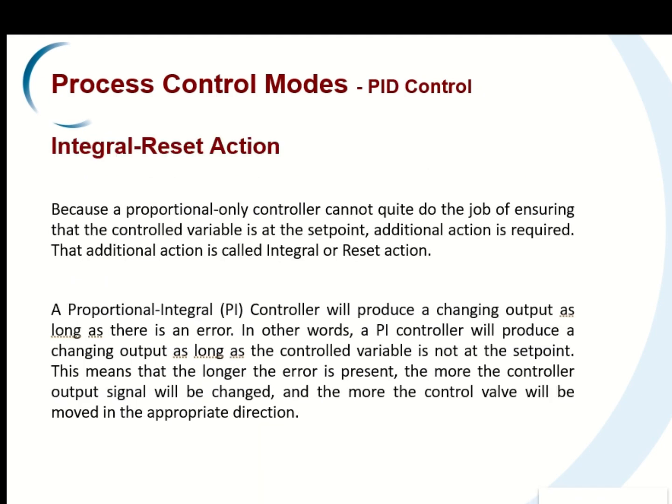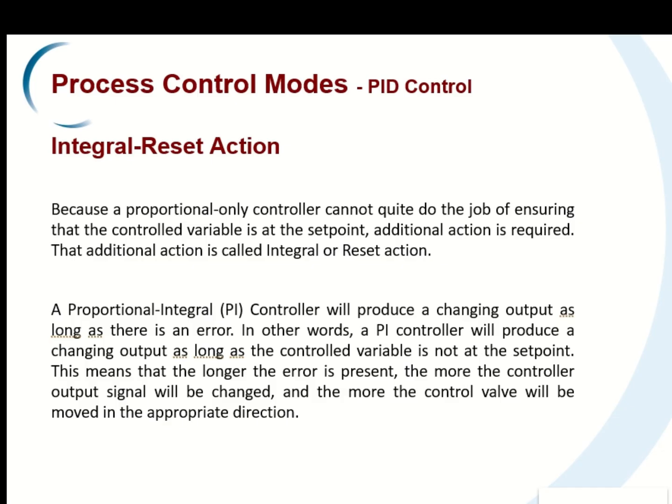So P we have seen, now it is integral, which is called I of the PID, because a proportional control cannot quite do the job of ensuring that the controlled variable is at the set point. Additional action is required, and additional action is called integral or the reset action. The PI integral control will produce a changing output as long as there is an error.